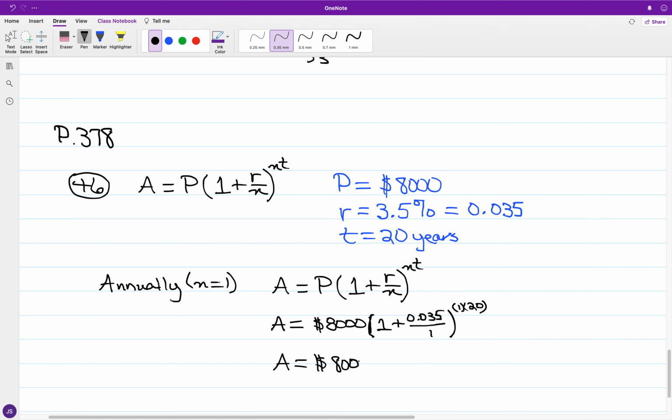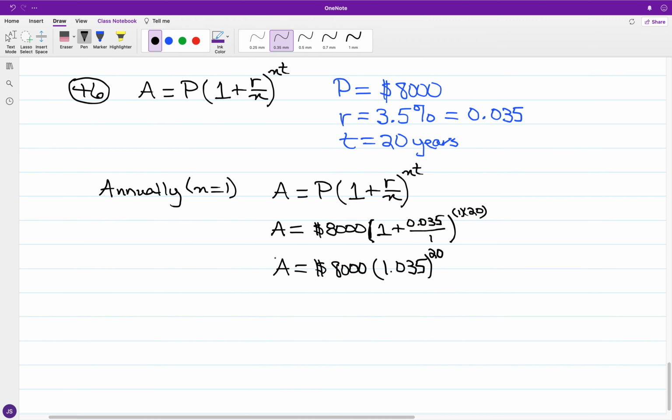So I have $8,000 times the sum, which is 1.035, taken to the 20th power.